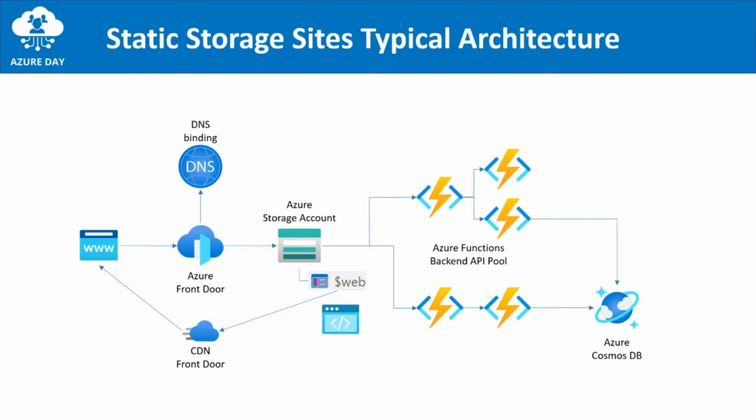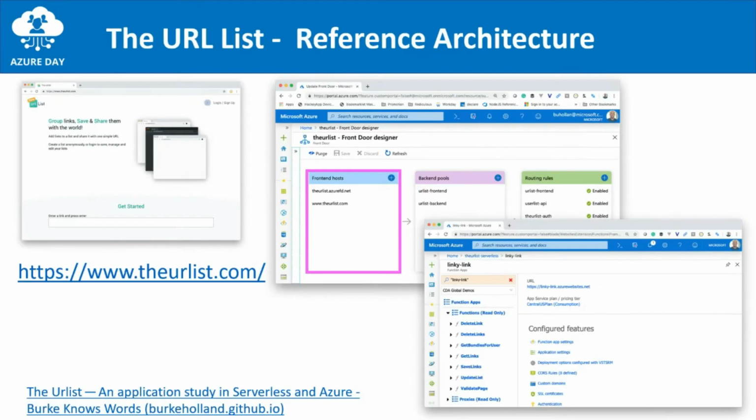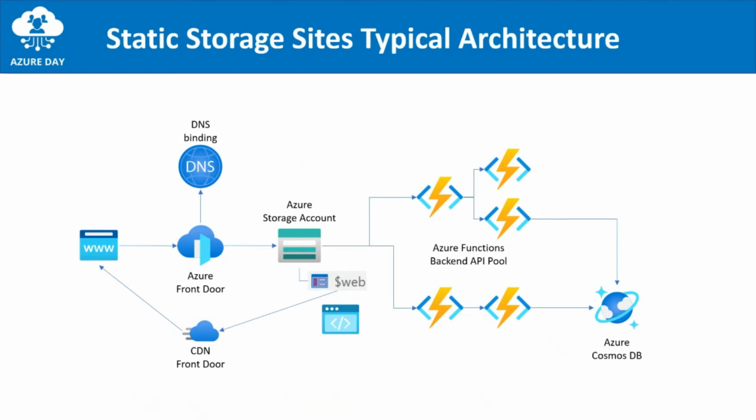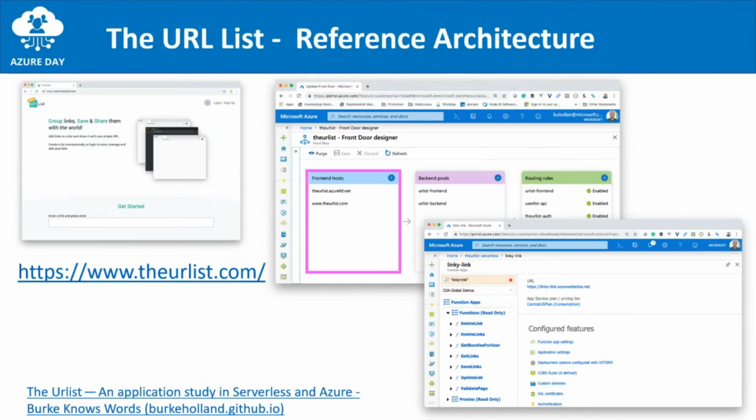Now, the cool thing about this, there's actually a reference architecture that Microsoft made 2 years ago called the URL list, which you can read upon, and I will put the slides at your disposal afterwards. There's actually a little about button on top of this page, and they actually use this kind of an architecture.